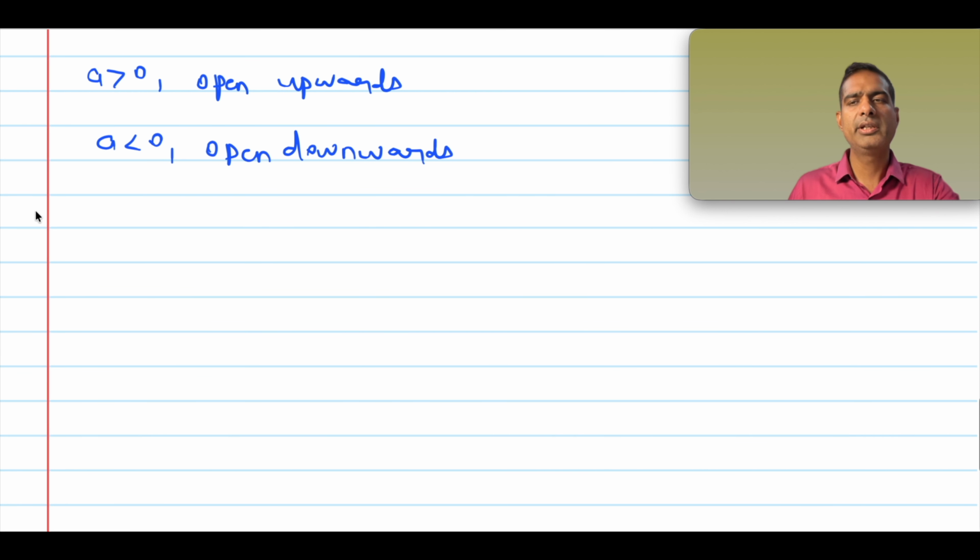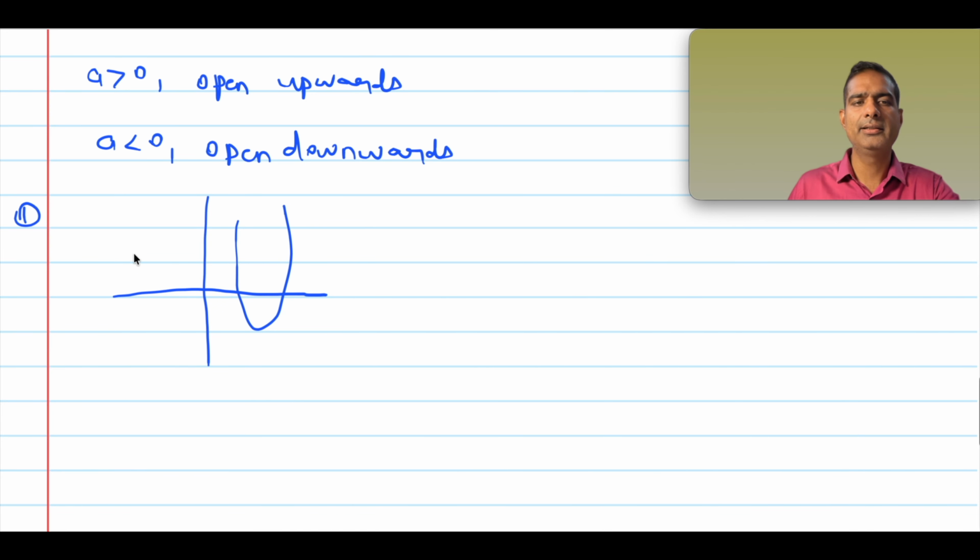Now, three cases arise. The parabola can intersect the x-axis at 2 points. When it is opening upwards, it can be like this, and if it is opening downwards, then it can be like this. So in this case, the parabola is having two zeros at A and A dash.